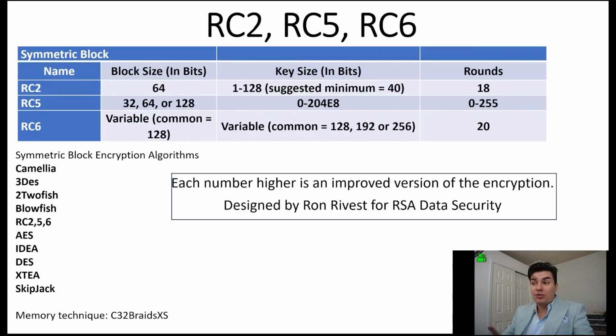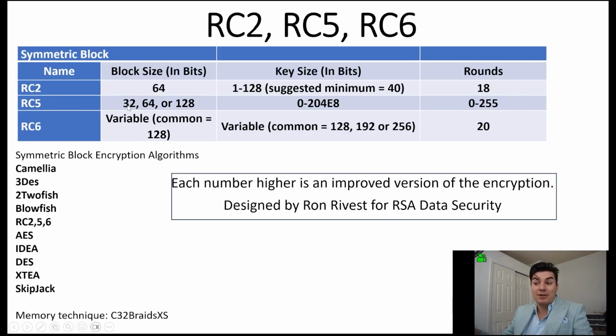And then there's RC2, RC5, and RC6. Each number is an improved version of the encryption. RC5 is going to be a lot stronger than RC2, and then RC6 was an improvement over RC5. You can see all the different block sizes. RC2 has a 64-bit block size, a suggested minimum key of 40 bits, and 18 rounds.